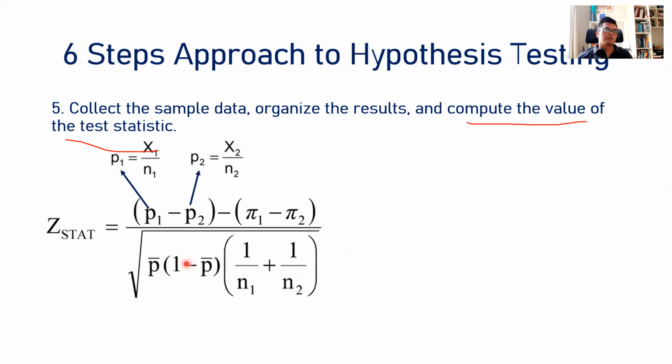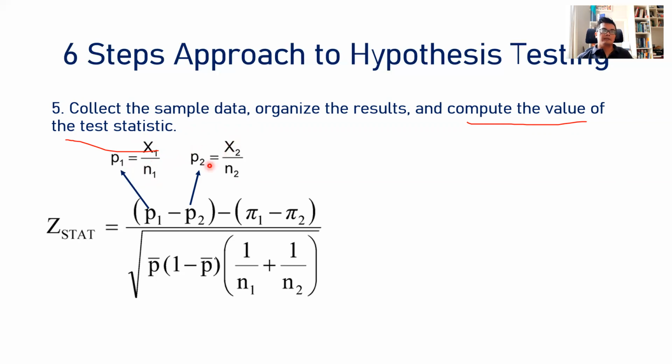For proportion 1, we calculate how many people are using Android in, in the example, Bandung. The number of people using Android in Bandung divided by the total sample size of Bandung.